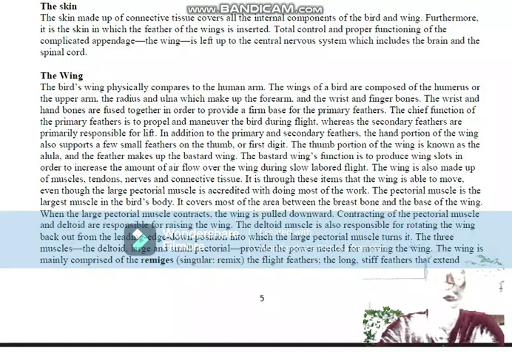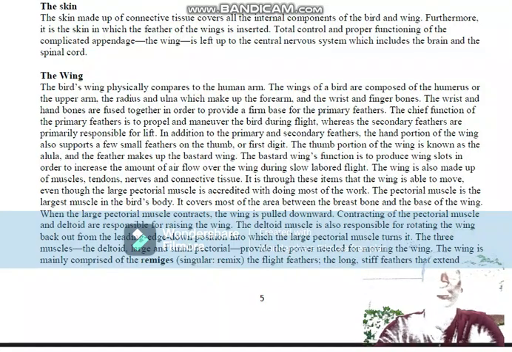Check on the skin and the wings exactly. We're going to base on the wings, and we're going to touch a part of the skin because the skin is kind of associated with the feathers, and the feathers are mainly associated with the wings together with the skin. Now, the skin is primarily made up of connective tissues of all the internal components of the bird and wings.